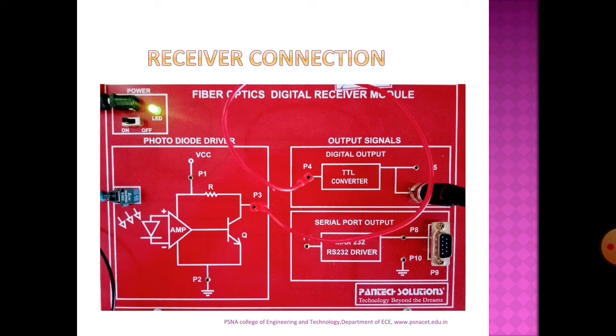The photo detector driver output has to be given as an input to the TTL driver, and by means of a probe arrangement the signal has to be taken out and given to the CRO or DSO, that is a digital storage oscilloscope.